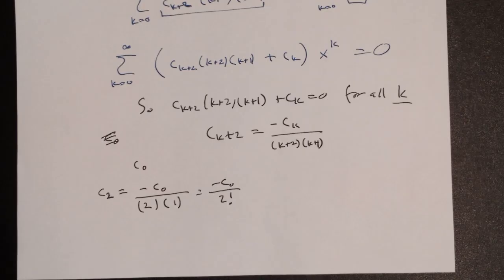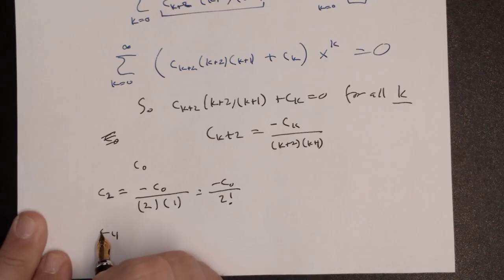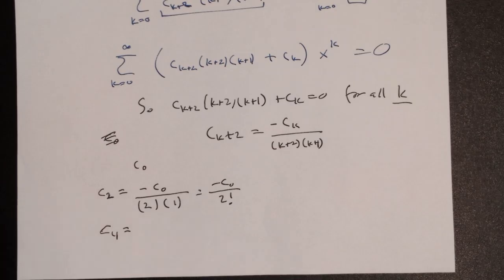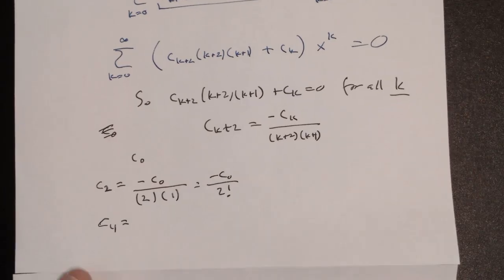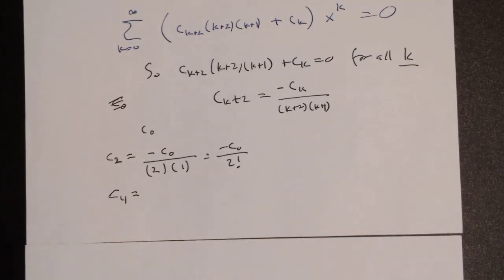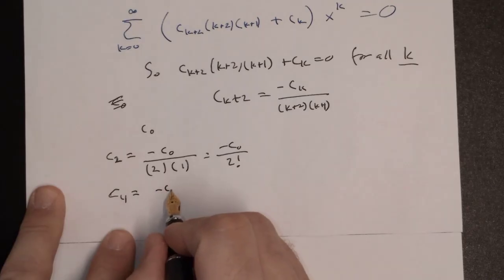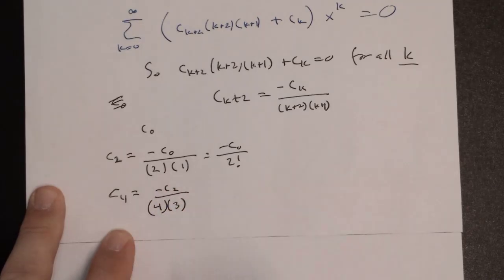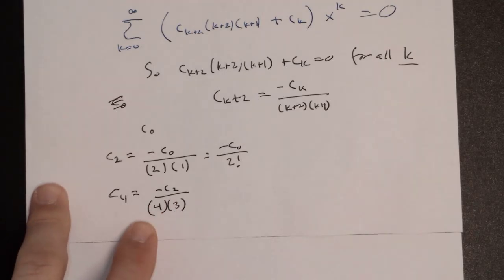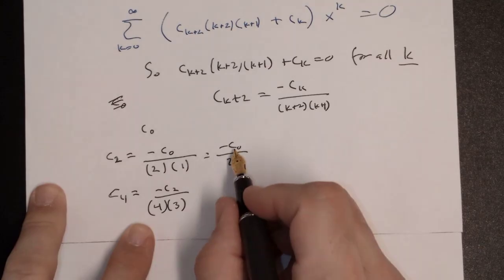All right. What's C4? Negative C2 over (2 plus 2) times (2 plus 1). Yes, negative C2 over 12. But C2 is this, right?